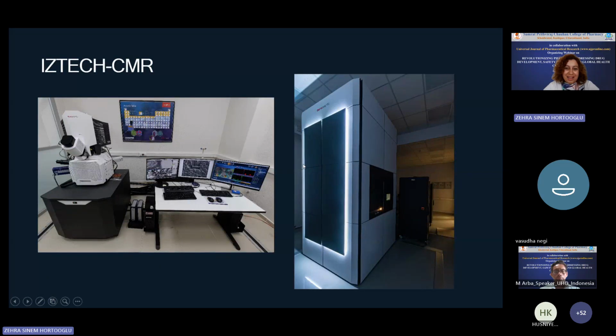And at ISTEC Center for Materials Research, we got new instruments, for example, a scanning electron microscope and FIB, focused ion beam systems. And we have TEM, a very high resolution TEM, 200 kilovolts, very high resolution.